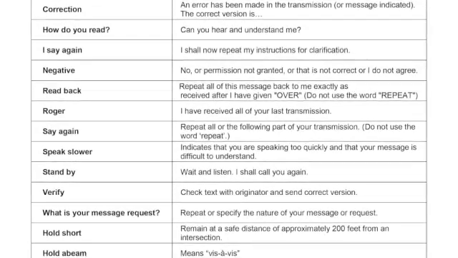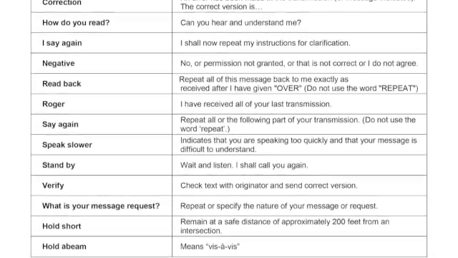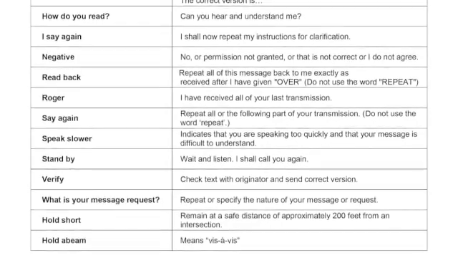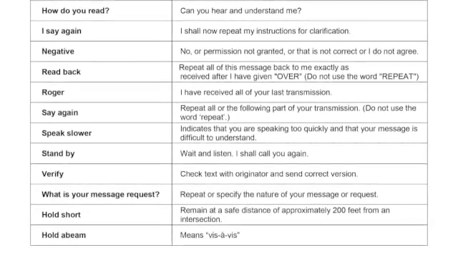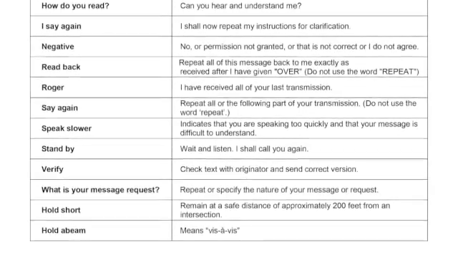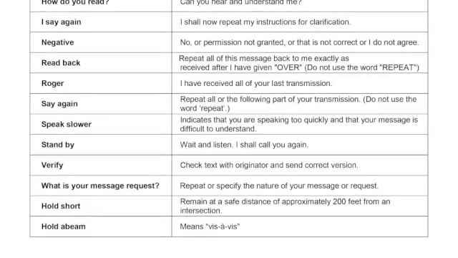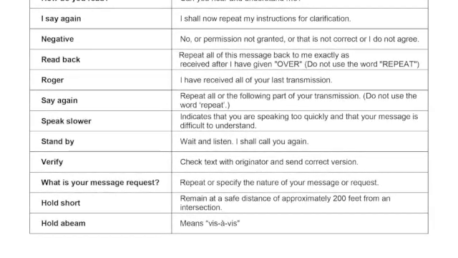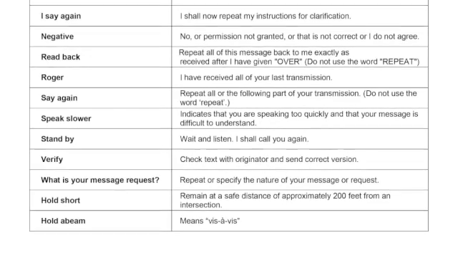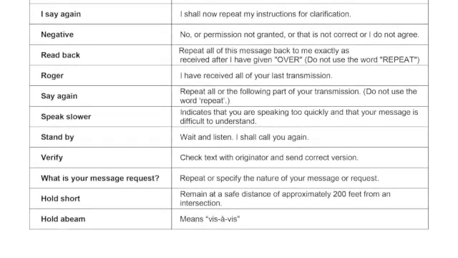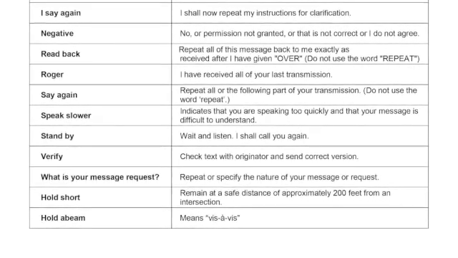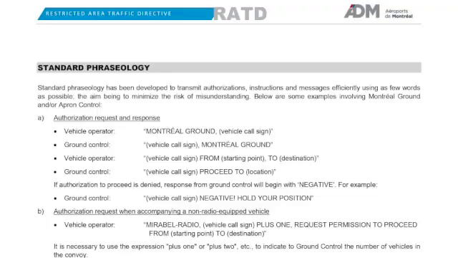Stand by: wait and listen, I shall call you again. Verify: check text with originator and send correct version. What is your message request? Repeat or specify the nature of your message or request. Hold short: remain at a safe distance of approximately 200 feet from an intersection.